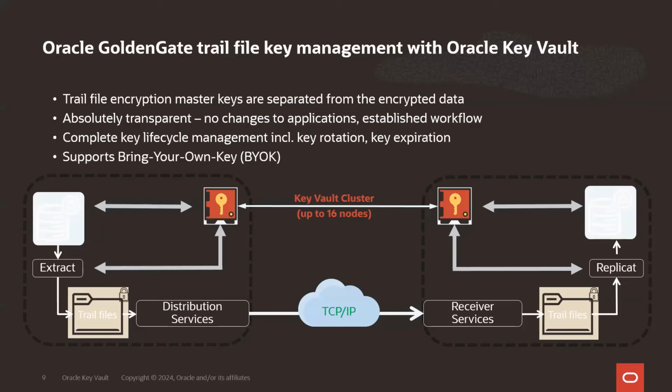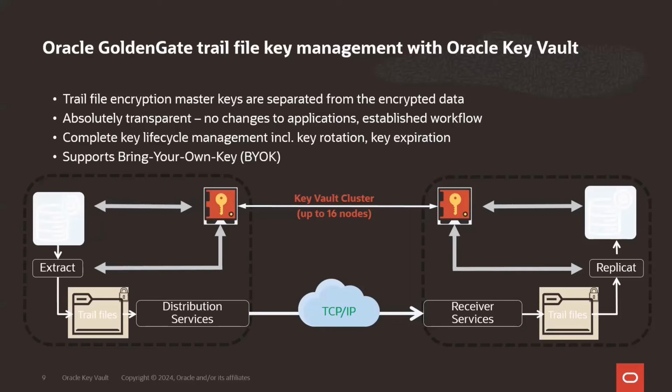If you put this in OKV, you do a rekey on the left side, the key will be replicated to the right side and will be available to the extract side when the key is needed there. Right? Specifically, if you have a very wild GoldenGate setup with many sources and many replication targets, and this is encrypted, you would be glad to have Key Vault managing your encryption keys because it makes it transparent.